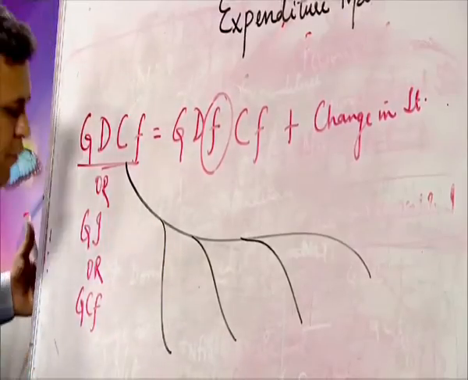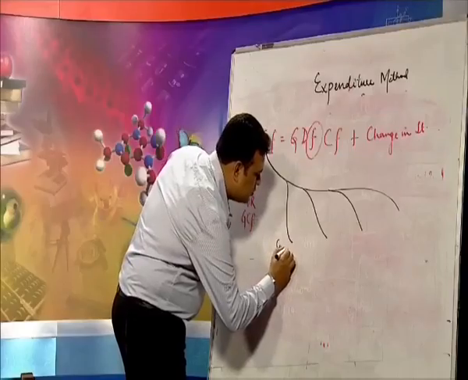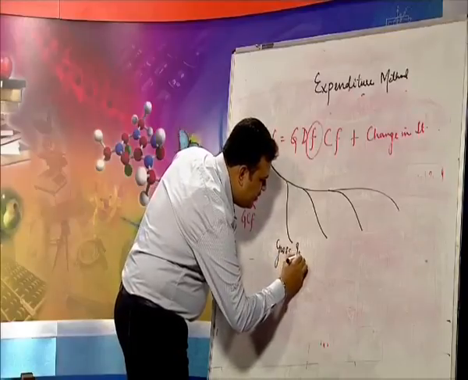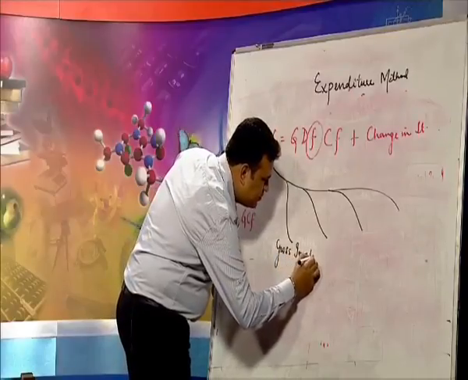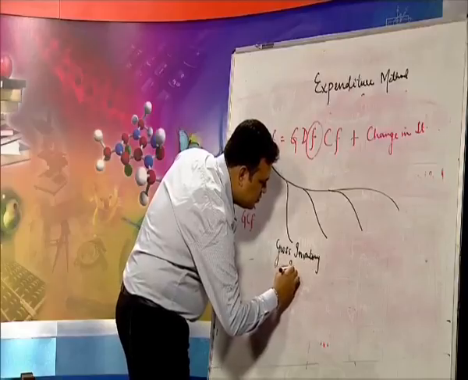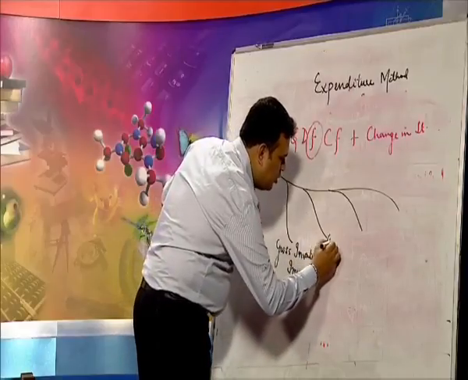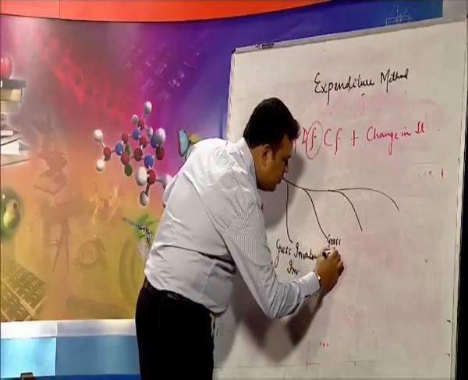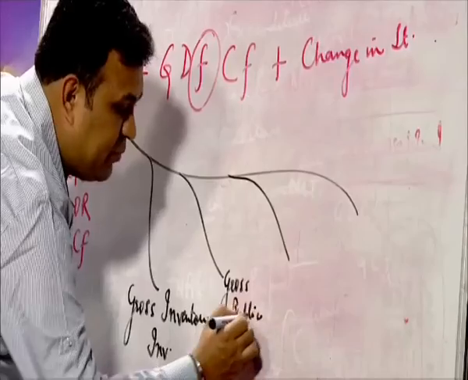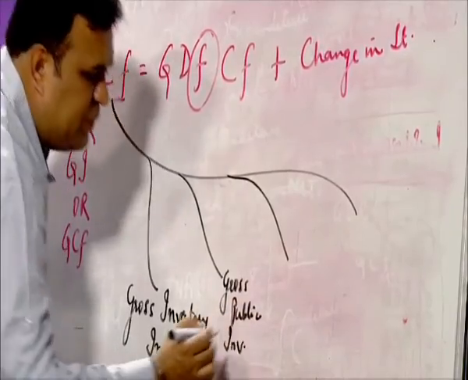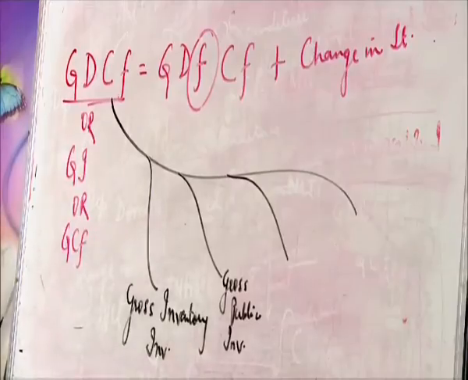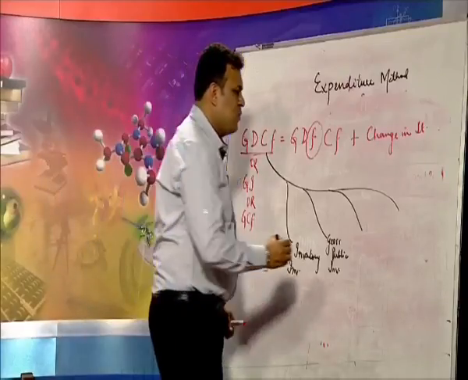It comprises of gross inventory investment, gross public investment. Public means government investment, construction of road, dams, buildings.